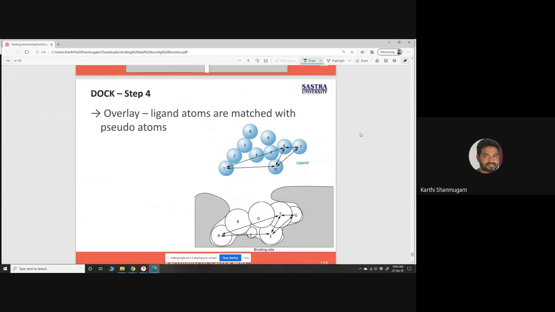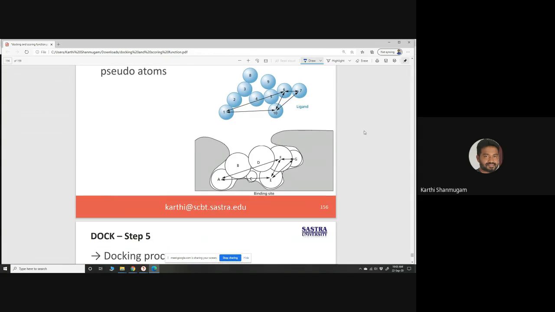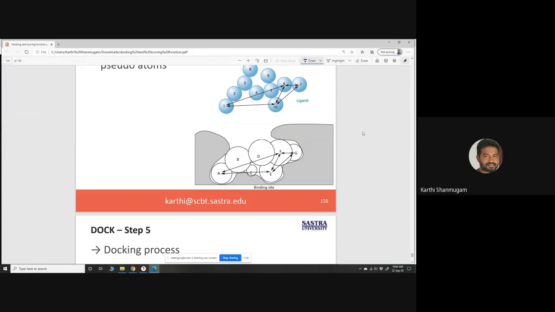So what is the next step here? You can see very clearly that the number of spheres is reduced to a great extent. Do you agree? Am I right? In some cases, initially there may be two spheres here, which are merged.